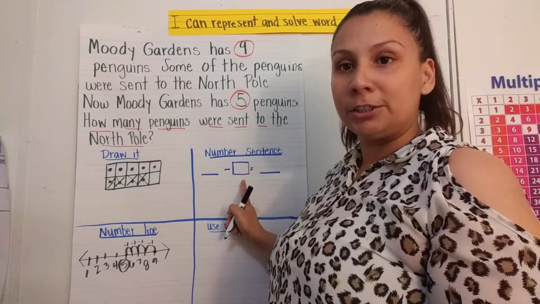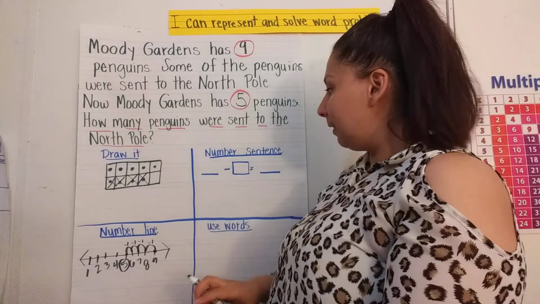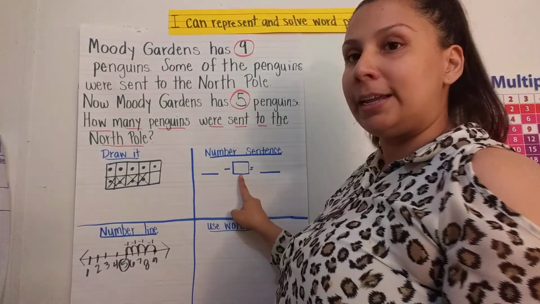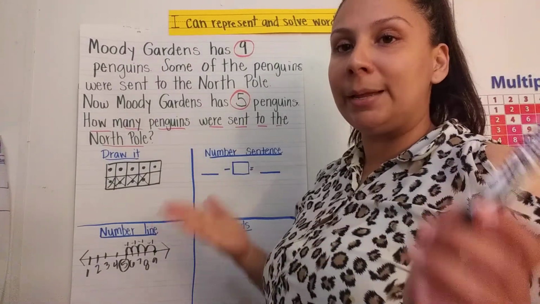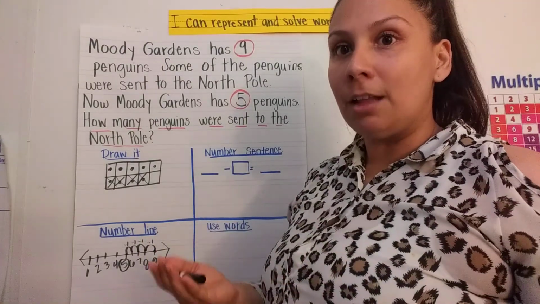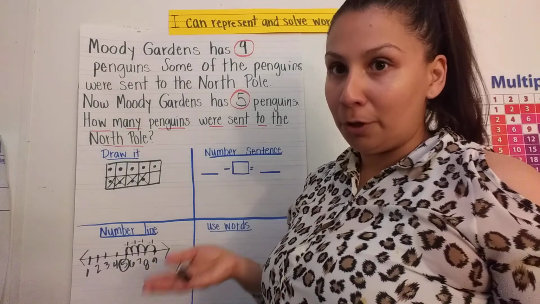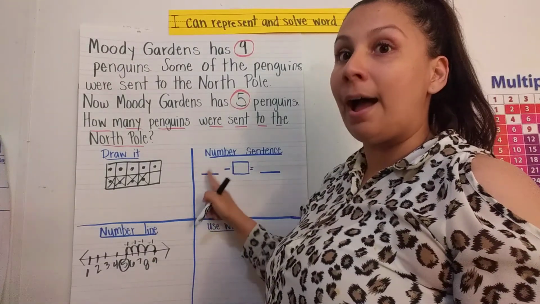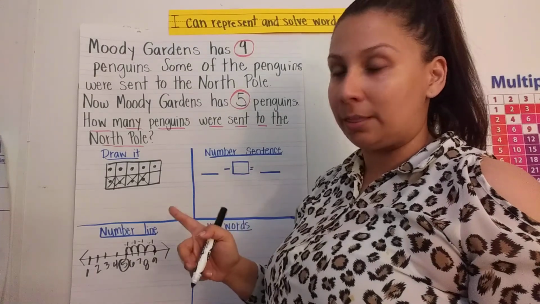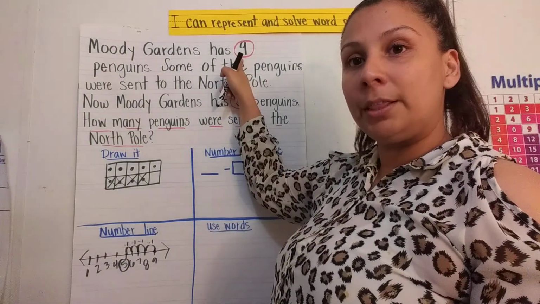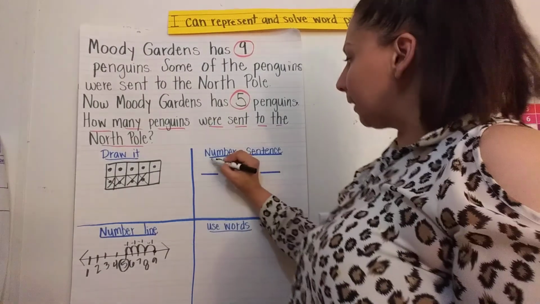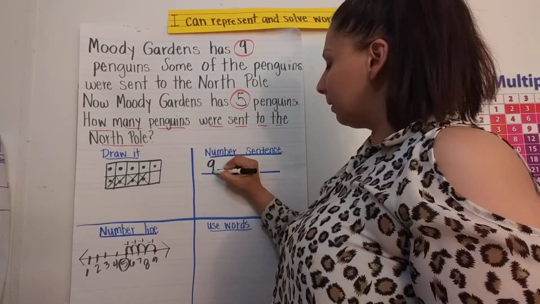So I'm going to move along to my number sentence. Now I formed my number sentence like this. This box right here represents how many penguins I lost. How many went to the North Pole. So we're first going to start our number sentence with how many penguins we had to start with. How many did we have to start with? 9 penguins. So I'm going to put my number 9 right here.